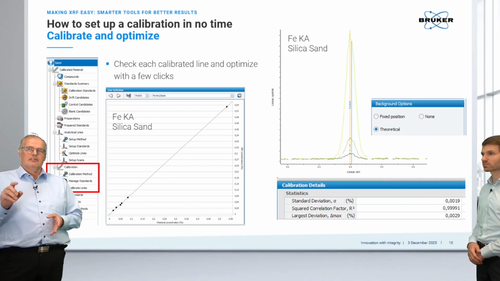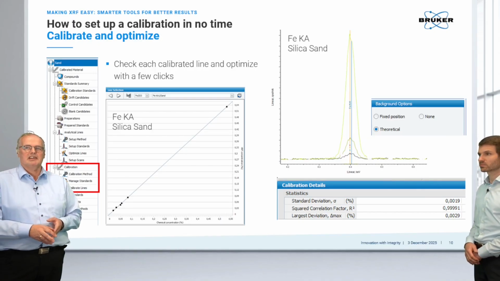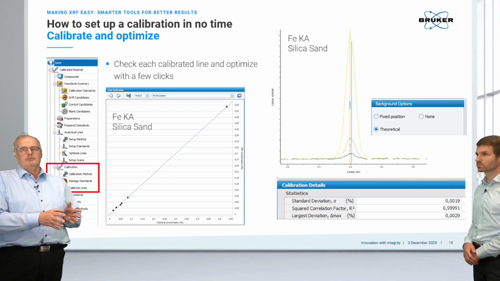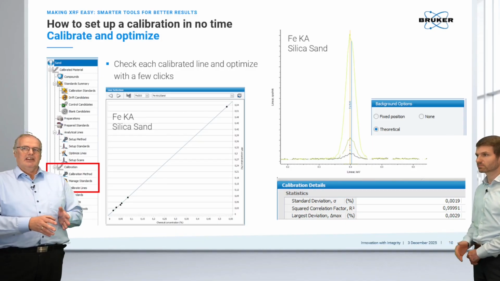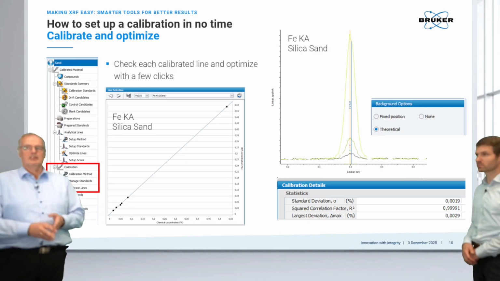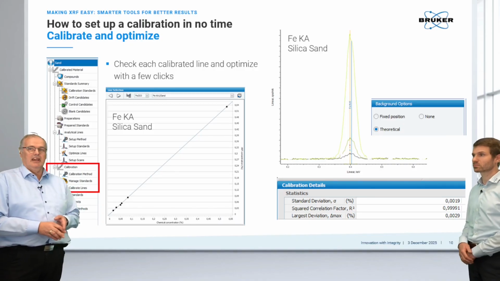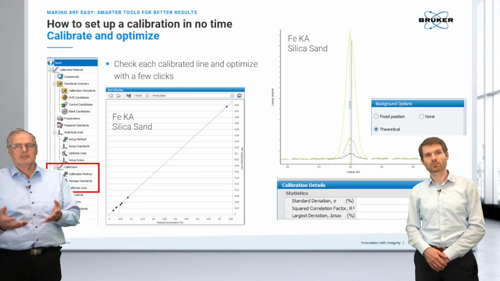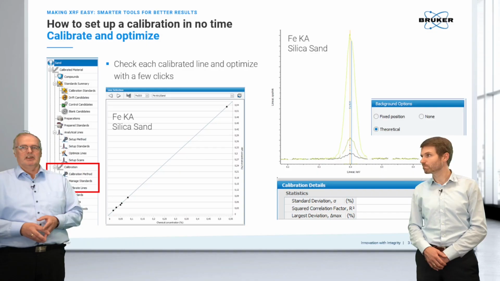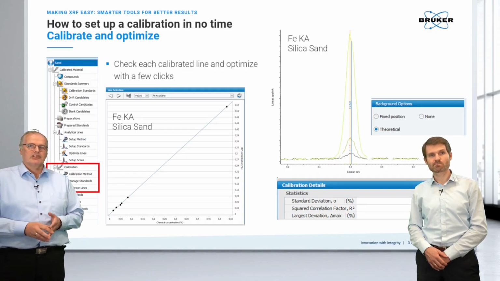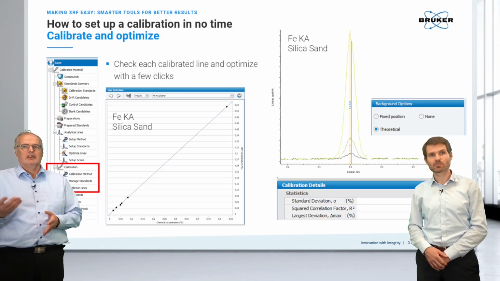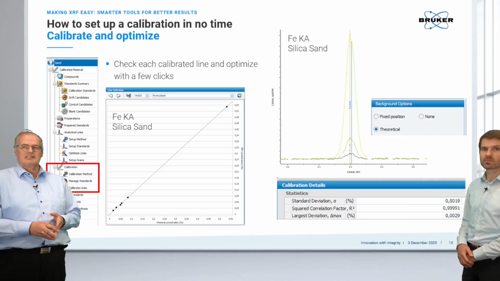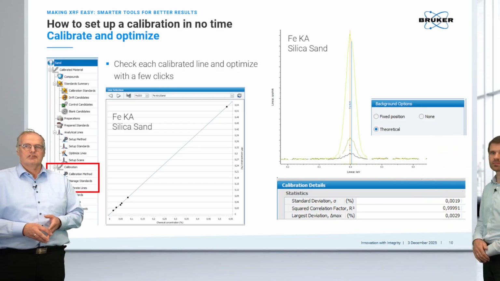This is the first point where you can decide, okay, I would require a background position, and I can take a fixed position, I take none, or I take the theoretical one. The good thing about the theoretical background position is that it doesn't require any additional measurement. And then, for judgment reasons, you get the calibration details like offset or calibration slope shown here.